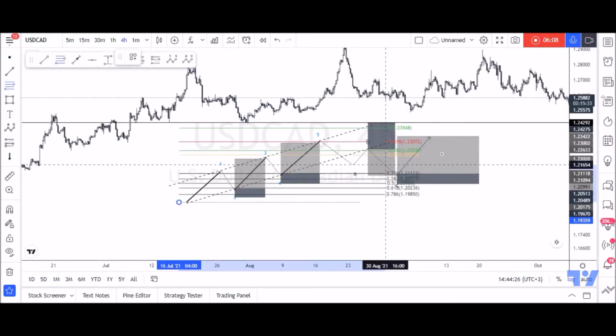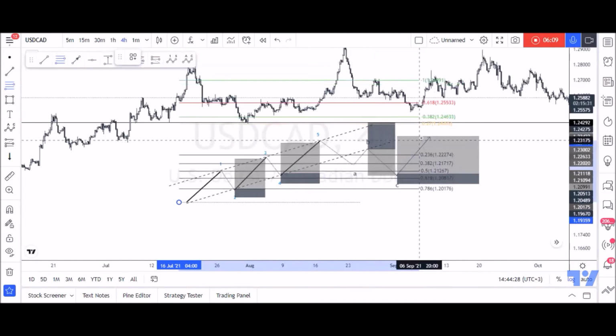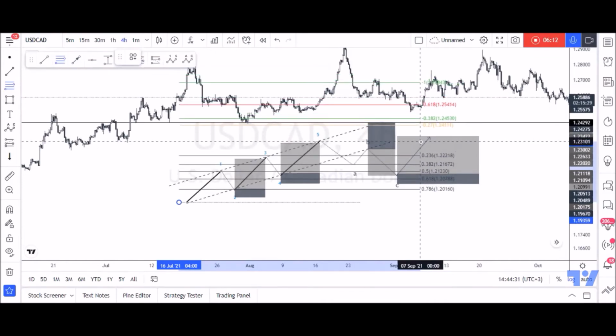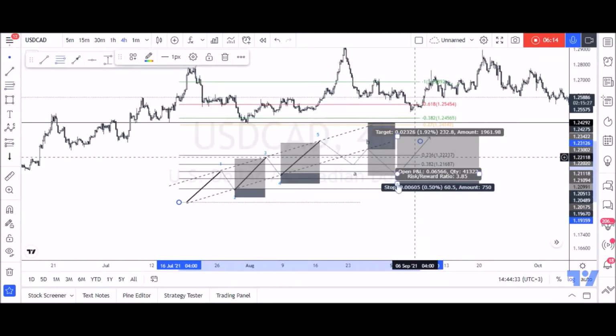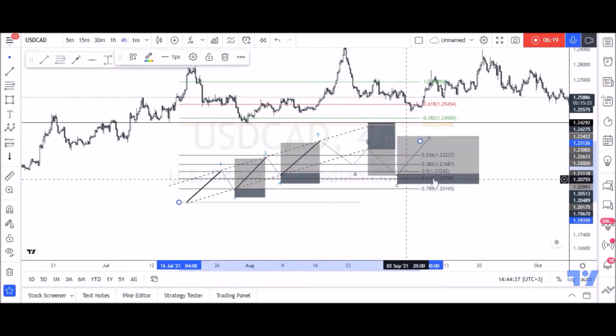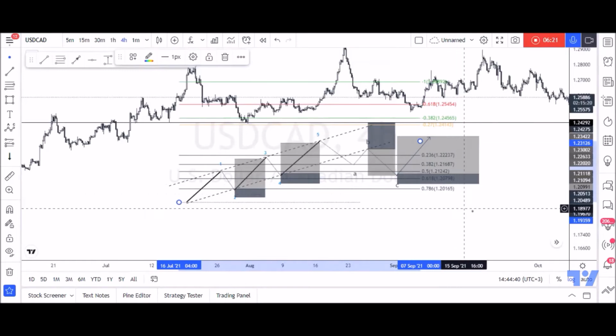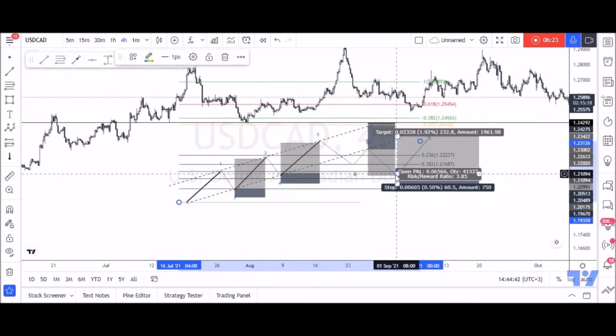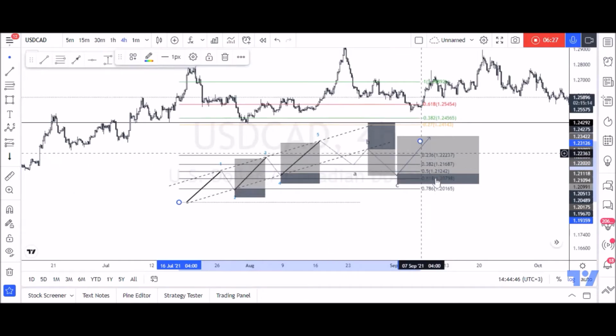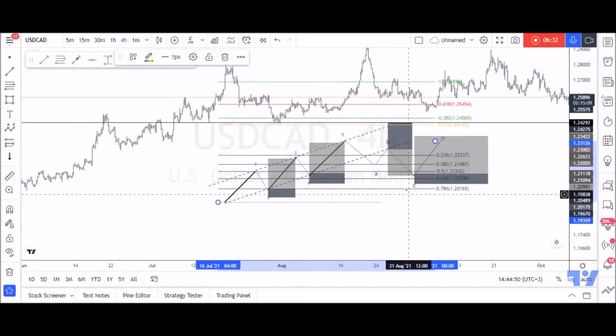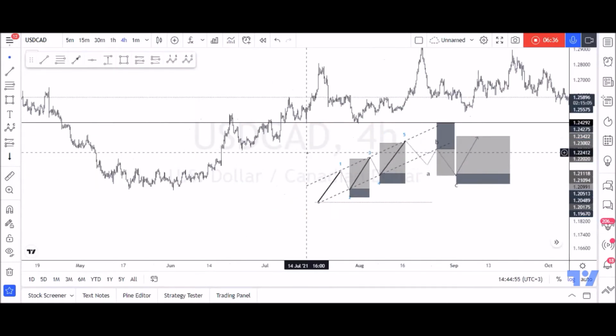Okay, now we're going to plot the Fibonacci from 0 to 5, and normally we see that the price is bouncing all the way from 0 to the 0.5 Fibonacci or 0.618 Fibonacci, and that's where you start looking for your buy signals. So from this level, we are going to move to the charts where I can show you how we trade it on the live charts.